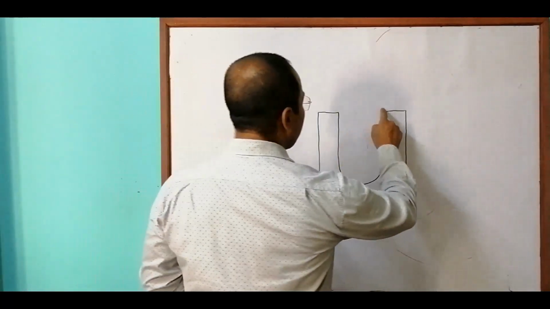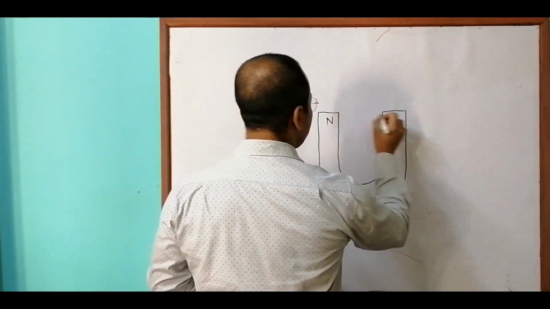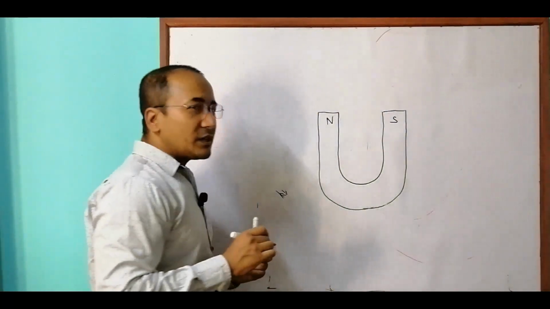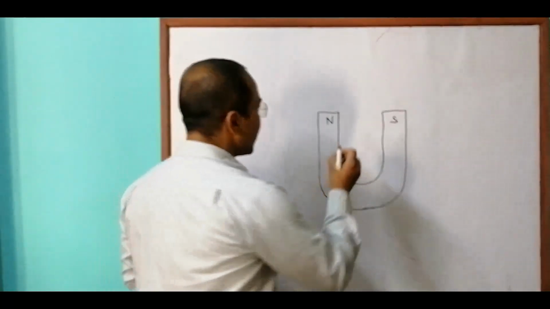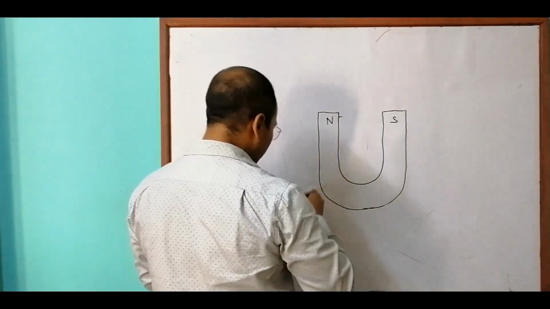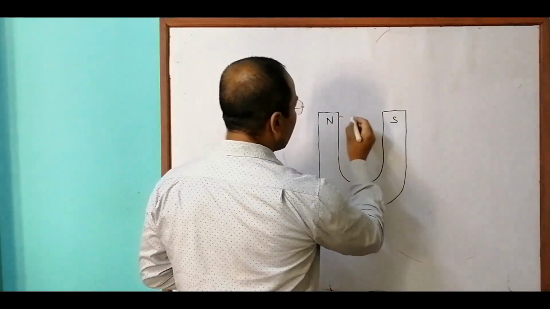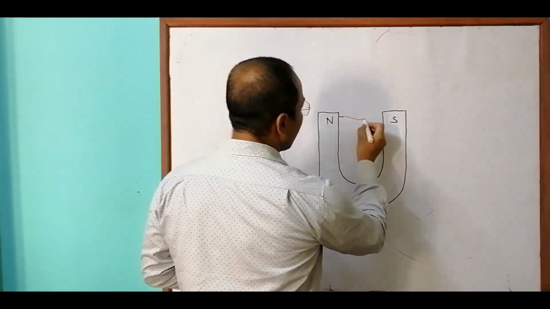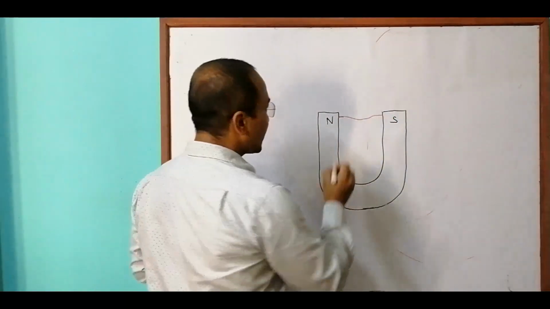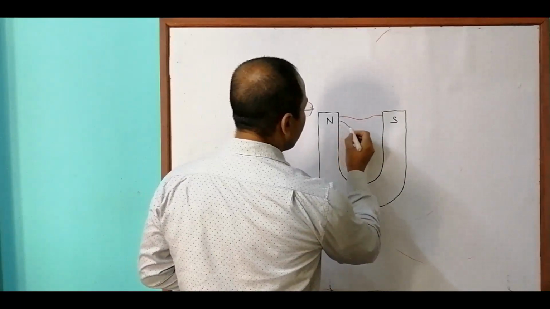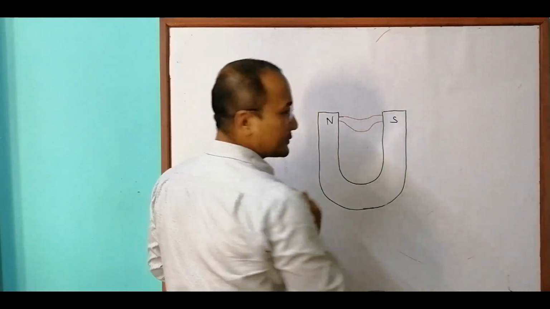So if I have this N and this S, what will the field lines look like? First, let us say from N it comes. From N it protrudes outward. It tries to spread, but ultimately it has to go here.